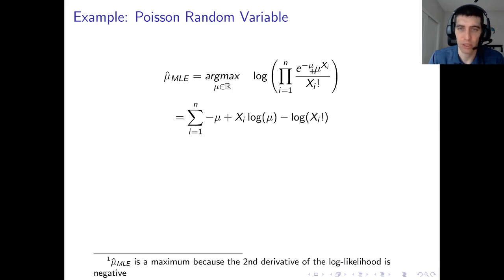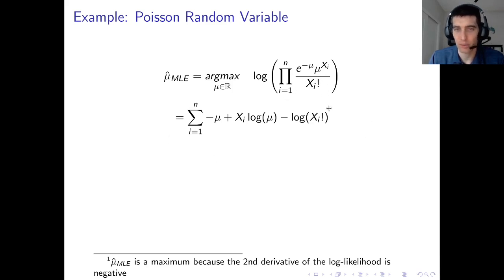And so when we distribute the log across each one of these terms, we apply the log to the e to the negative mu. Log of e to the negative mu is just negative mu, and so on and so forth. So we get this, bring the xi down from the log term, and similarly, this xi factorial is in the denominator. Okay.